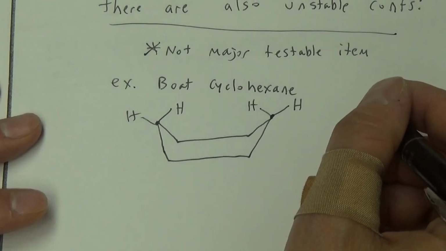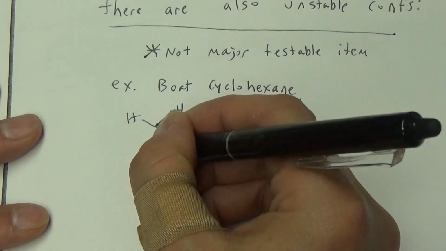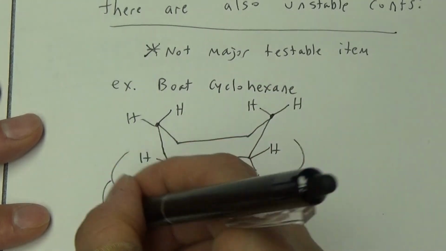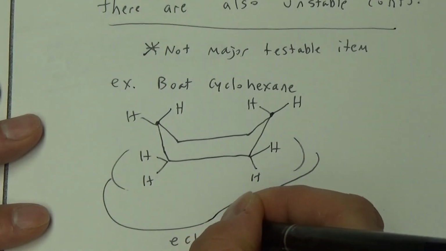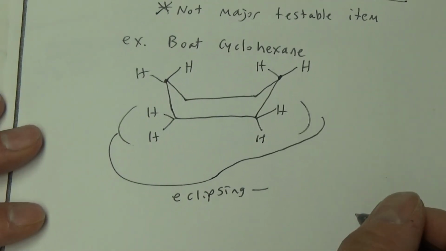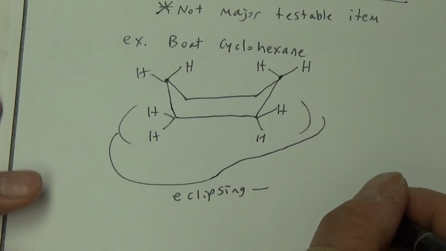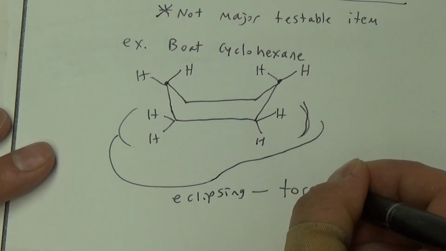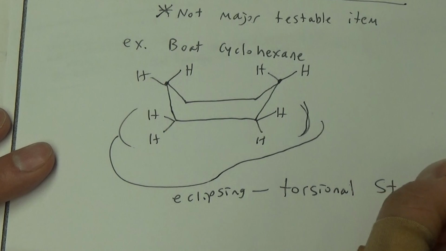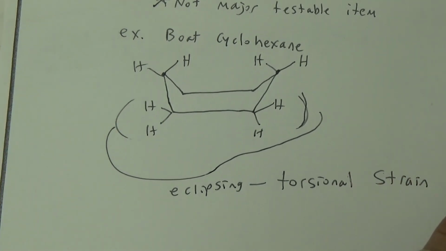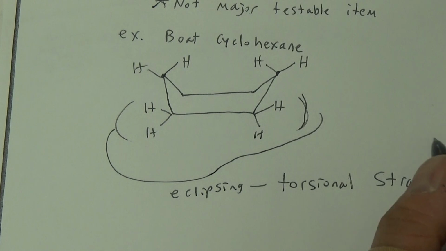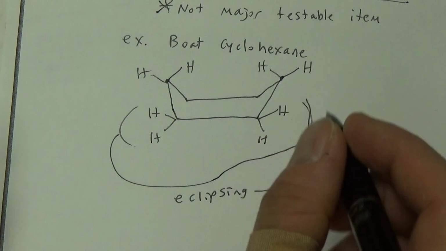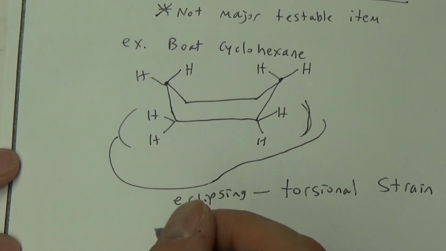A lot of the neighboring CH2s are sort of eclipsing. What's the type of strain that is associated with eclipsing interactions? It begins with T. It's torsional strain, right? And it's disfavorable. Strain is always disfavorable, right? So this is like a midway point. It's actually a transition state between the two chairs. I'm going to show this on the video in a second.